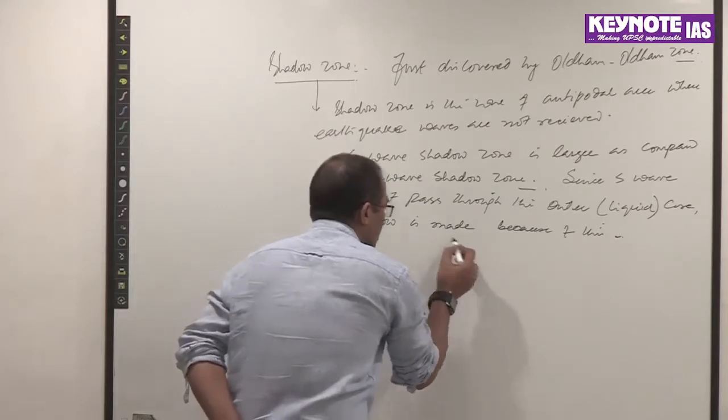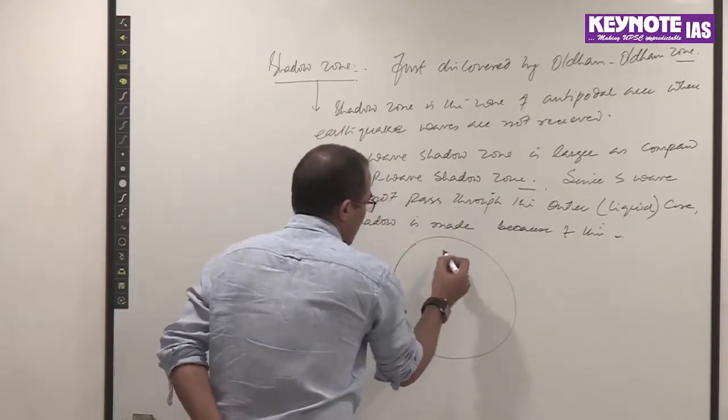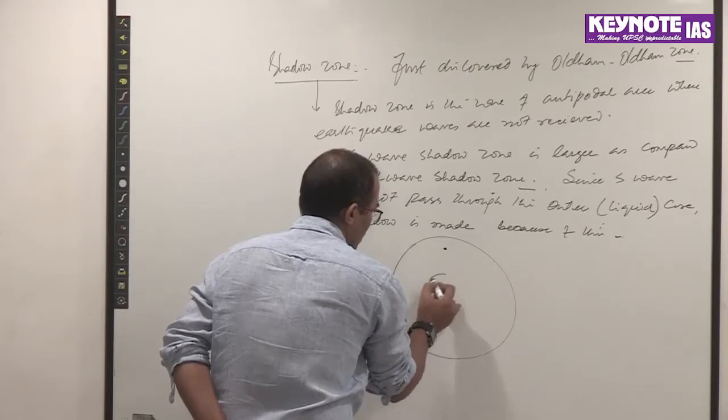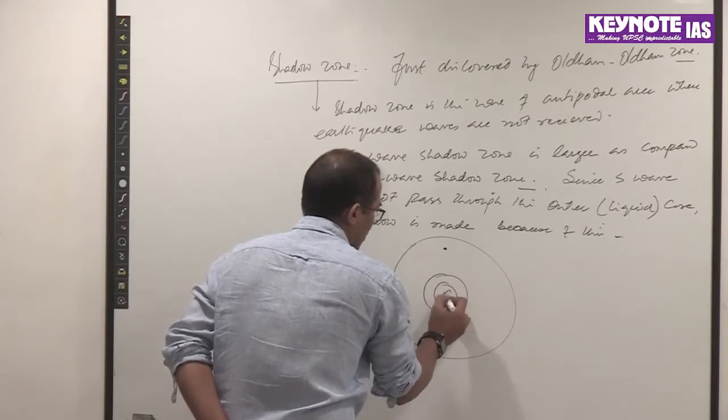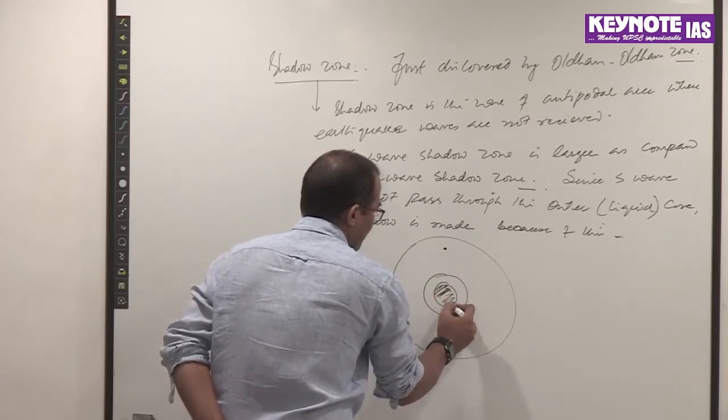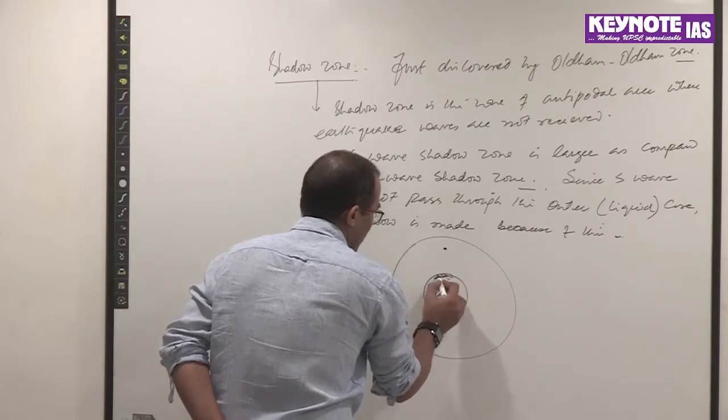Let's say suppose this is the earth part, here you have the focus and this is the core, this is the outer core and this is the inner core.